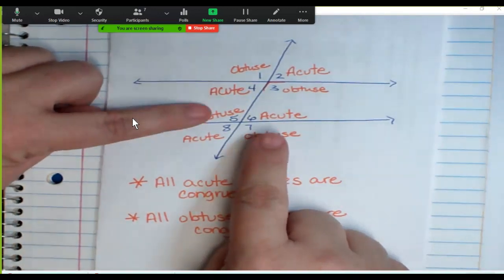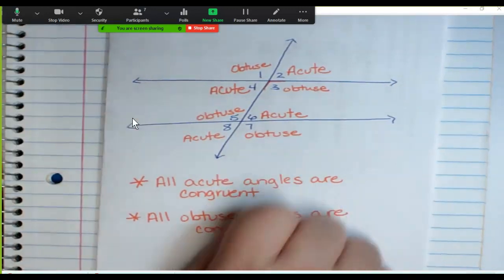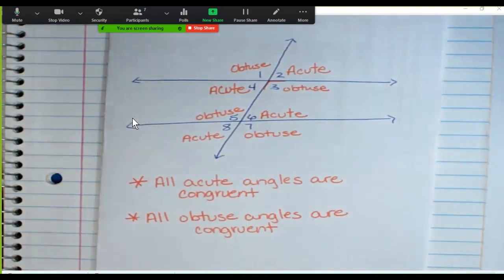They're both obtuse and they're both the same measurement. If angle 7 is 100 degrees, what is the measure of angle 1? 100 degrees, how do you know? Because they're both obtuse. See the pattern? All the acute angles are congruent to each other. All the obtuse angles are congruent.